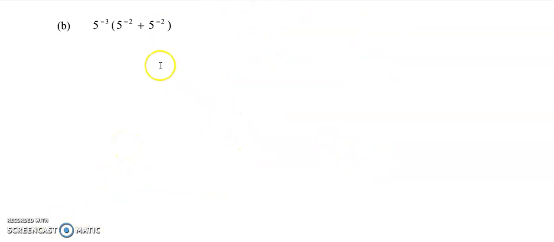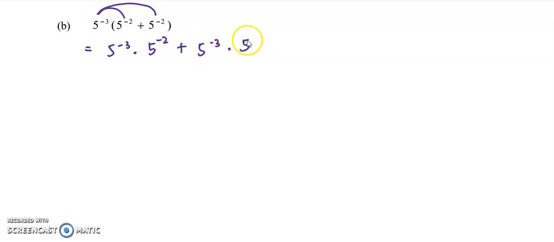It's question B. So for this question, I'm going to simplify this. 5 power of -3, I'm going to expand it. Multiply by 5 power of -2. This means multiply, plus 5 power of -3 multiplied by 5 power of -2. So now you have 2 terms.